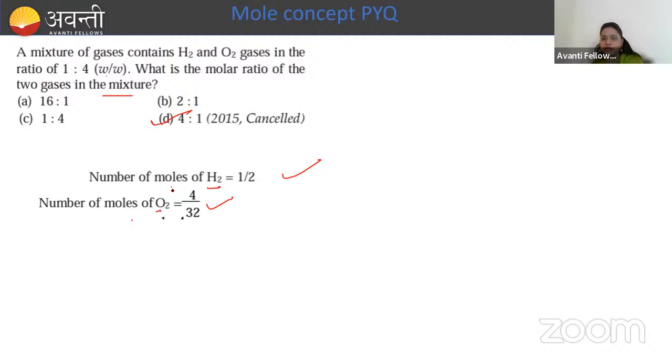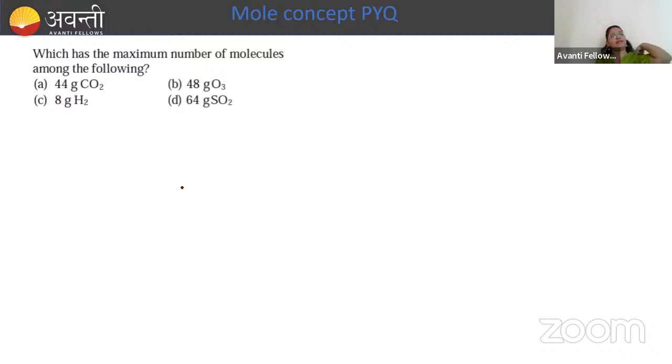Okay. Next, which has the maximum number of molecules among the following? Now we are given the weight of every molecule: CO2, H2, O3 and SO2. And we need to find which has the maximum number of molecules. So do the calculation similarly: number of molecules is equal to moles into Na.